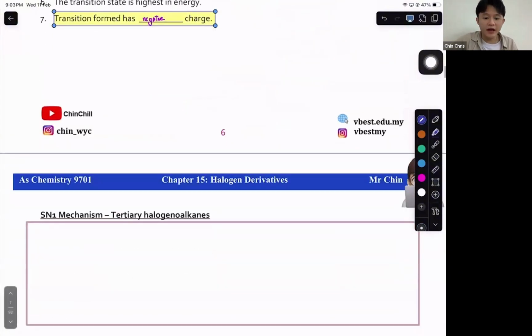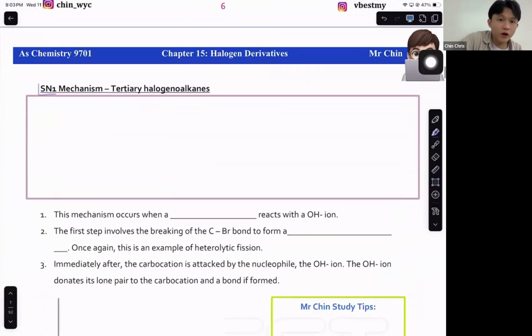Alright guys, now let's look at the SN1 mechanism. For SN1 mechanism, it's for a tertiary halogenoalkane. So for tertiary halogenoalkane, this is the story. By right, a new relationship should be formed this way.